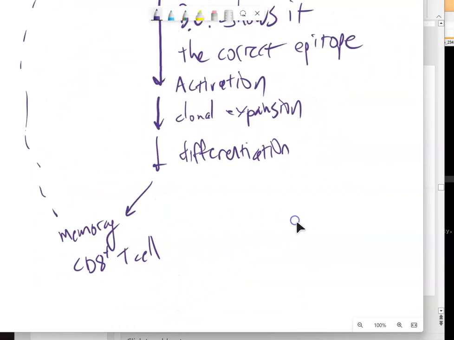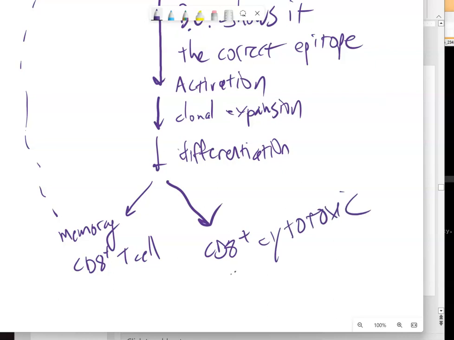It's going to wait for the next time the body sees this pathogen, a year later or 10 years later. And then there will be effector cells, and these are going to be the CD8 positive cytotoxic T cells. And these are the ones that kill virion factories for us.